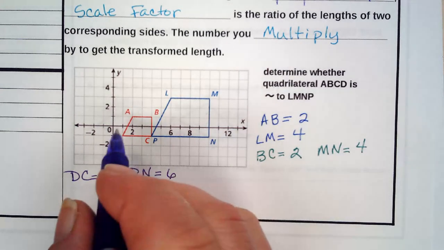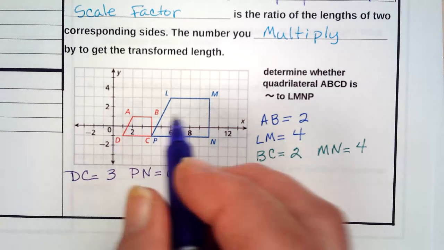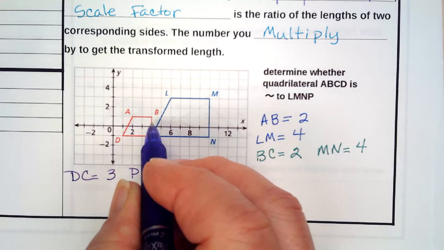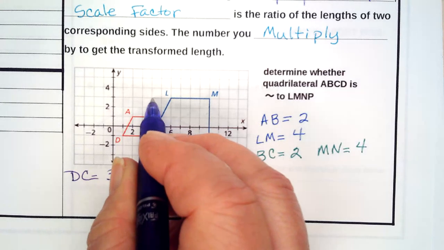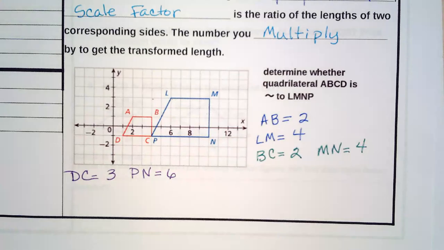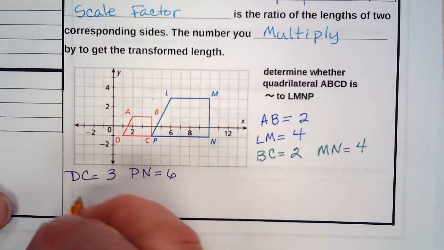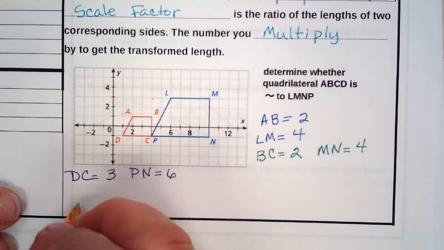Well, I can look at it. I go up 2 and over 1. I go up 1, 2, 3, 4 and over 2. So that tells me that they're in the same slope. Theoretically, if you think logically, they should be the same. But we can use the distance formula.